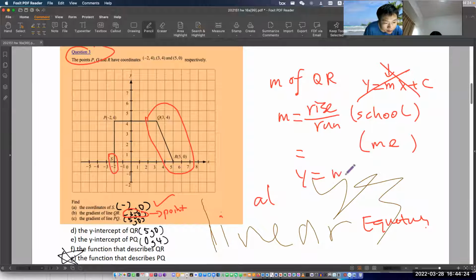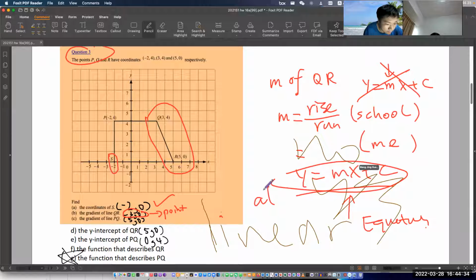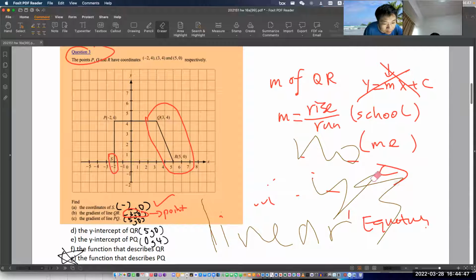Linear equation is y equals mx plus c. So in fact, you are actually doing this already. Are you doing y equals mx plus c, or something else? No. But anyway, when you do the more advanced type of linear equation, you are actually doing y equals mx plus c.